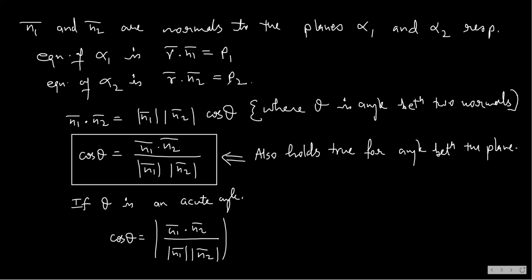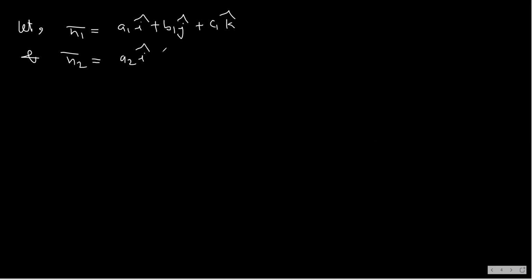Now suppose I am given, let n1 bar be a1 i cap plus b1 j cap plus c1 k cap, and n2 bar, obviously, they are normal vectors so they can be given like this, n2 bar is a2 i cap plus b2 j cap plus c2 k cap.